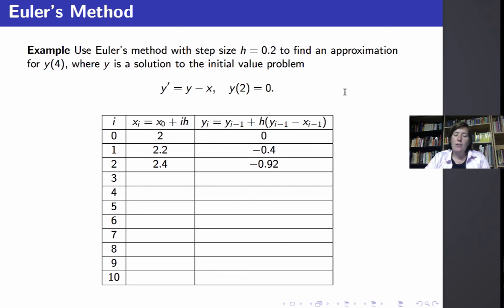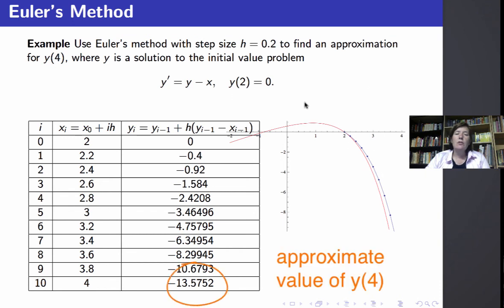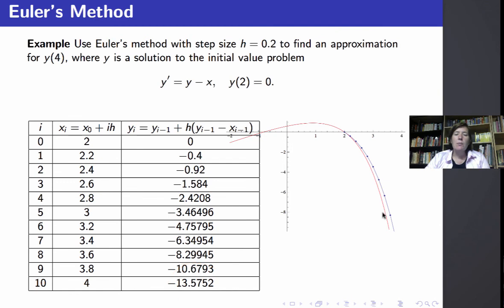And I carry on in this way until I get to a point where x equals 4, and then I have an approximate value for y of 4 to the actual solution to this equation. And keep in mind that this is an approximation. This is not the true value of y of 4 for the solution to this equation.